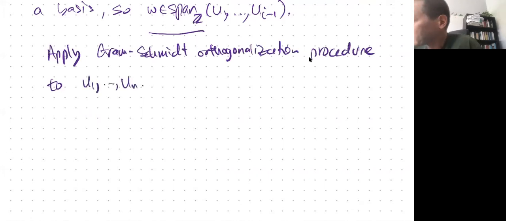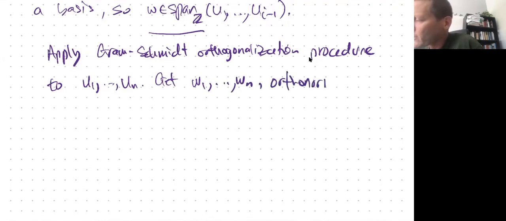And what that does is it creates new vectors, W1 up to Wn, which are orthonormal. So they're orthogonal to each other and they're of norm 1.